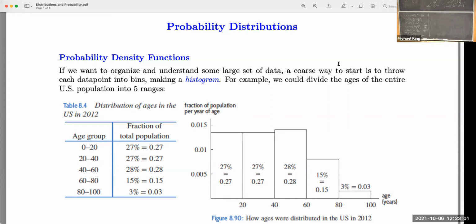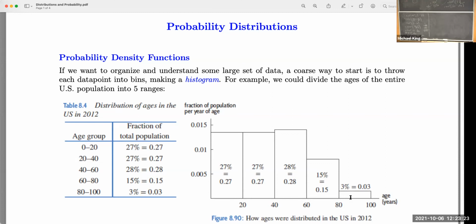And so this diagram is kind of manufactured, contrived in a way to make the total area within all the boxes equal to 1. But then the trade-off you get for that is that all of a sudden the y-axis becomes a very strange concept.